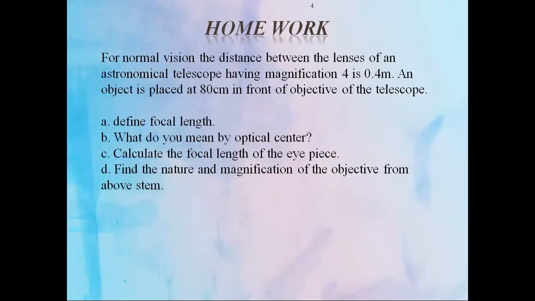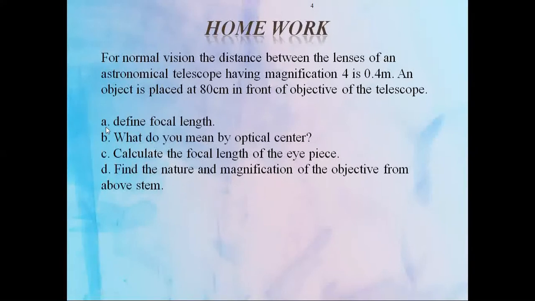And now the homework. For normal vision, the distance between the lenses of an astronomical telescope having magnification 4 is 0.4 meter. An object is placed at 80 centimeters in front of the objective of the telescope.